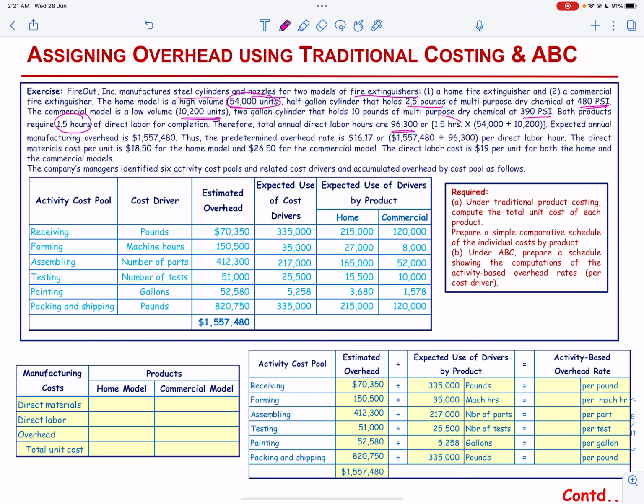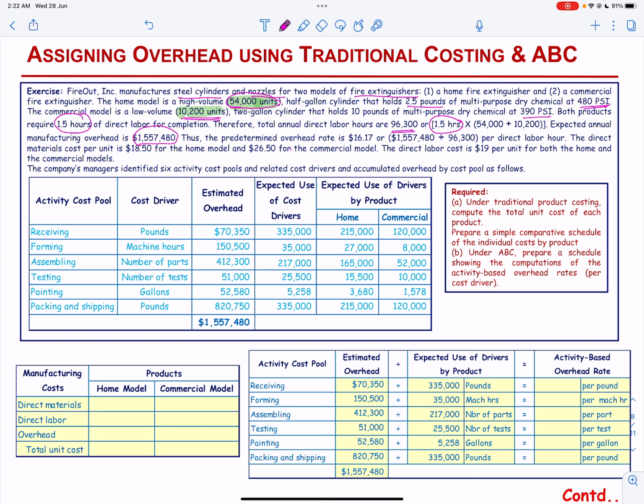Therefore, total annual direct labor hours is 96,300, that is 1.5 times 54,000 plus 10,200. Then expected annual manufacturing overhead is 1,557,480.